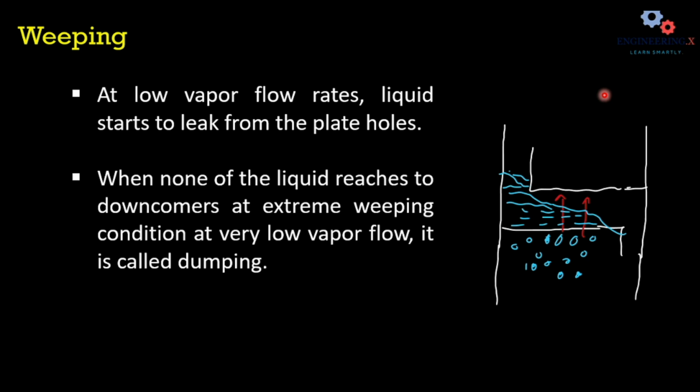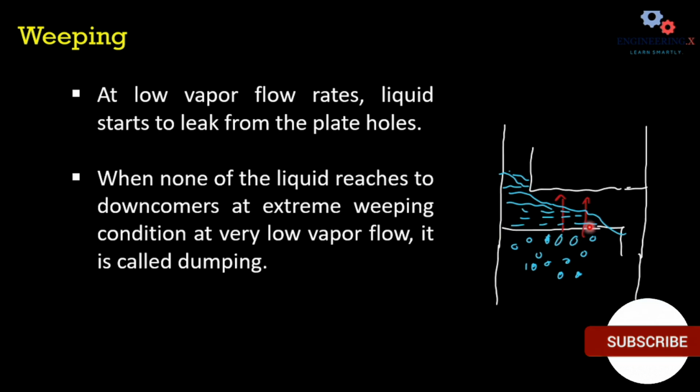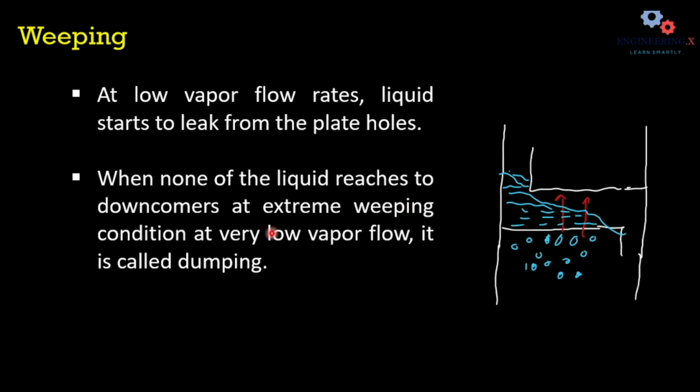It's almost the opposite of flooding. In the weeping phenomenon, the vapor flow rate is low, so as a result liquid starts to leak from the holes of each plate, and it again reduces the separation efficiency of each plate or each stage. At extreme conditions, when vapor flow rates are very low, downcomers remain empty and all the liquid passes through the holes, and this is called the dumping condition.